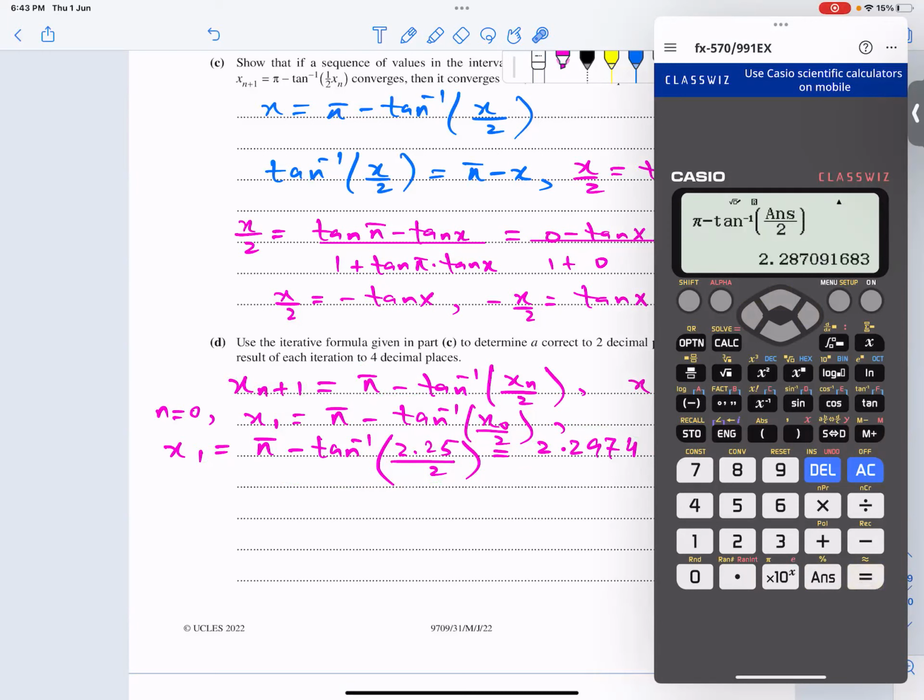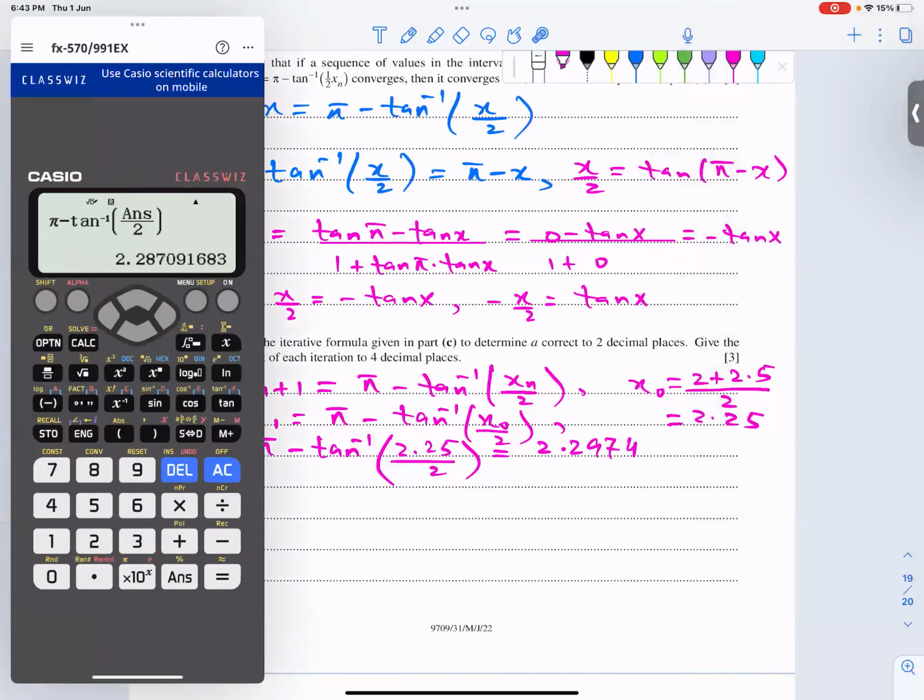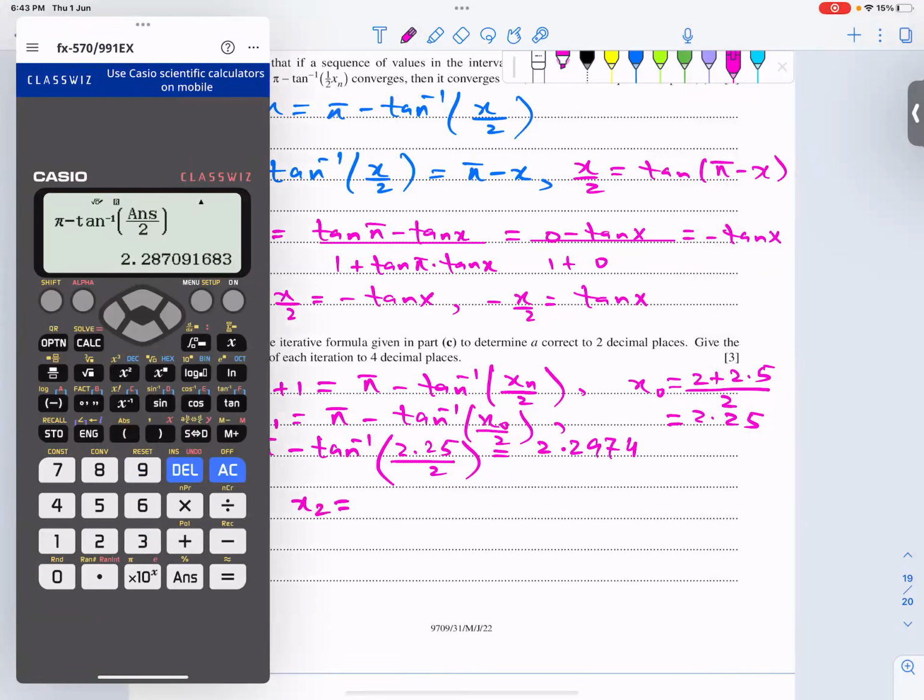This will be your x2, which is 2.2871. Then press equal again, this will be x3, 2.2893. Press equal again, x4 will be 2.2888.